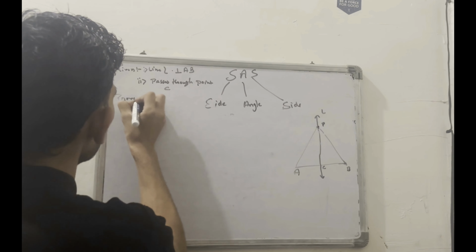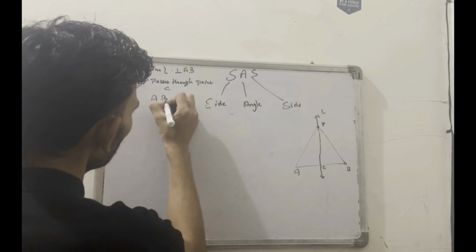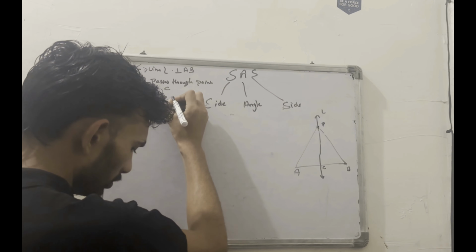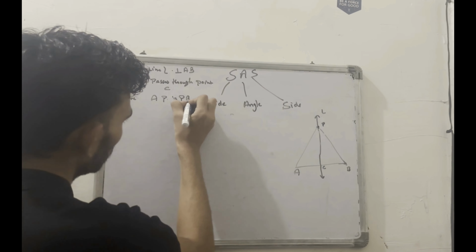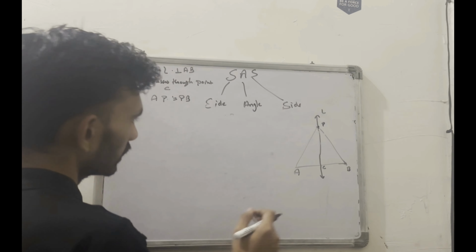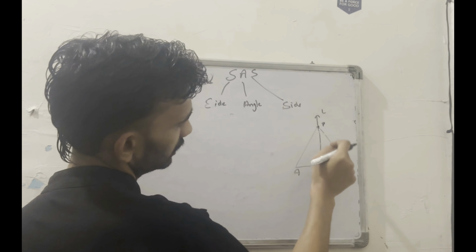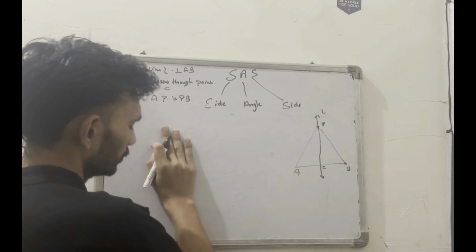We have to prove AP is equal to PB. The distance between AP and the distance between PB is equal. We have to prove that.